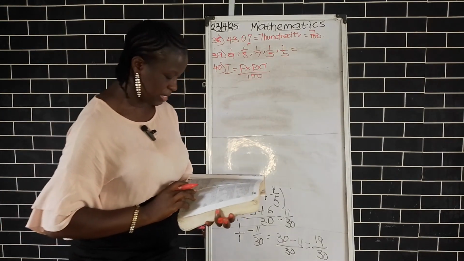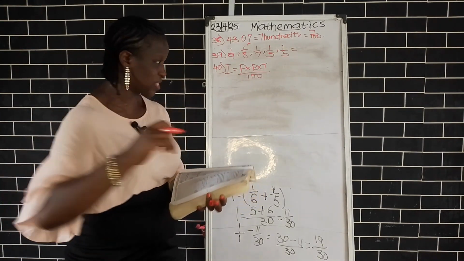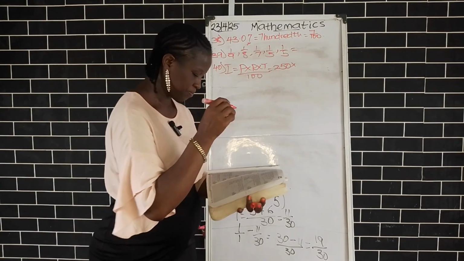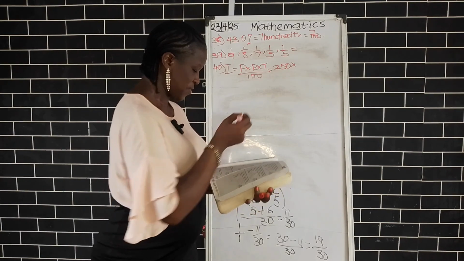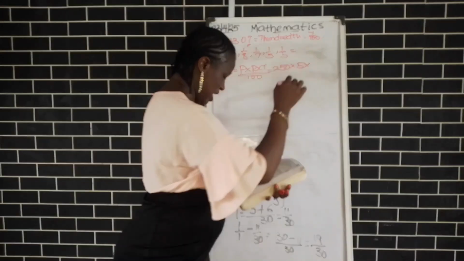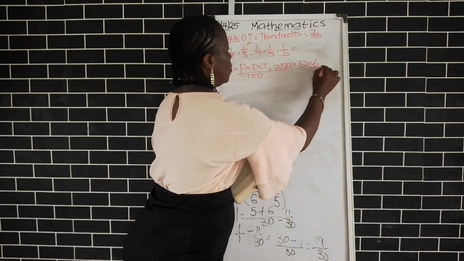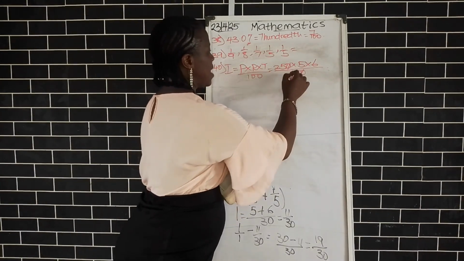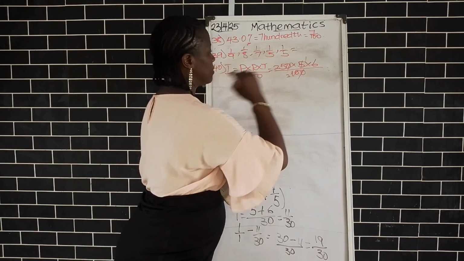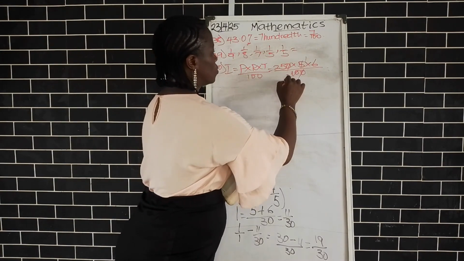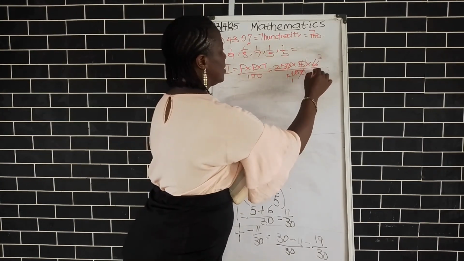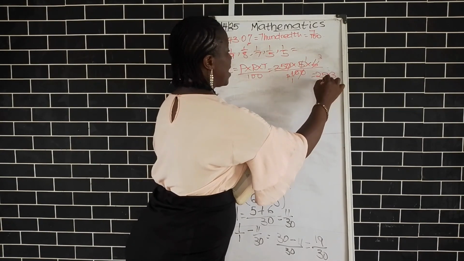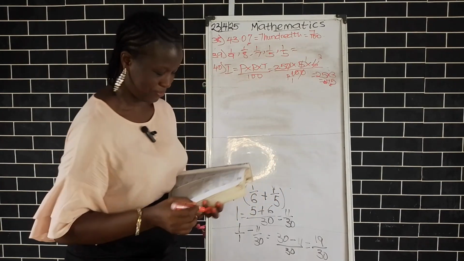The principal is 250, multiplied by the rate, 5%, and the time is 6 years, over 100. We cut: 5 into 5, 1; 2 into 6, 3. So we have 25 times 3, which is equal to 75 naira. So that is that for that.